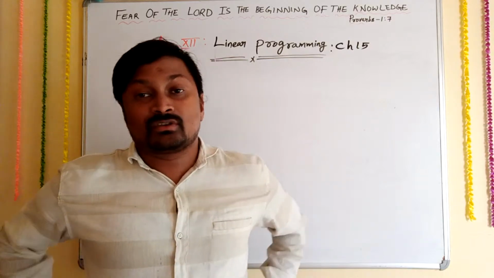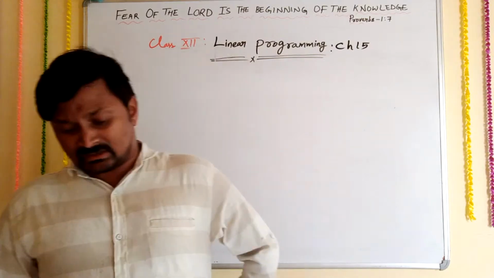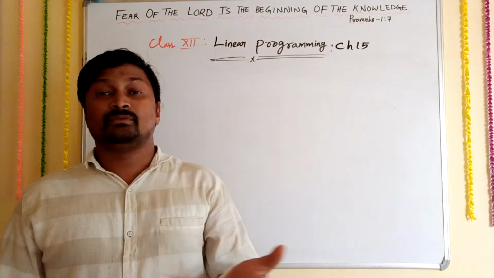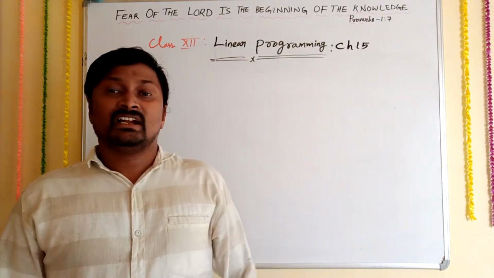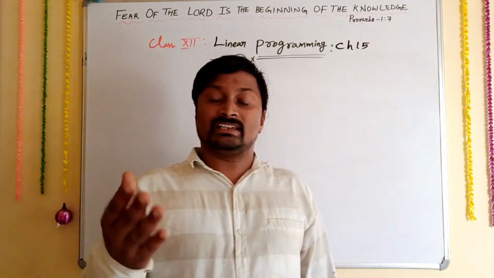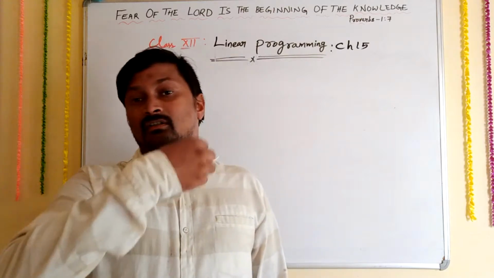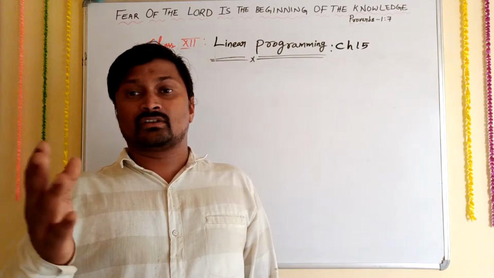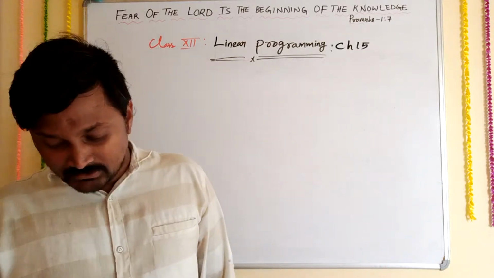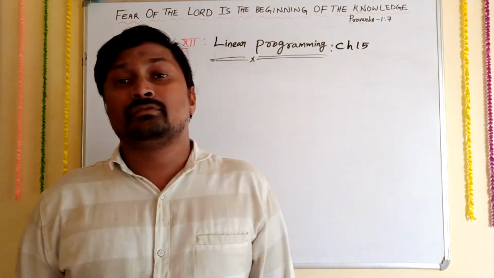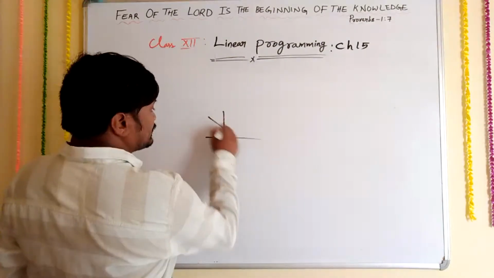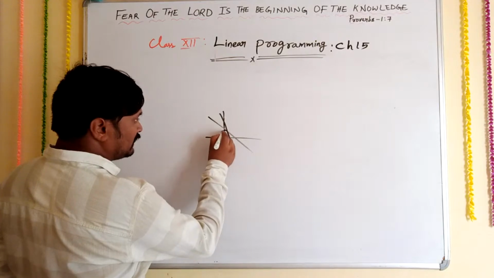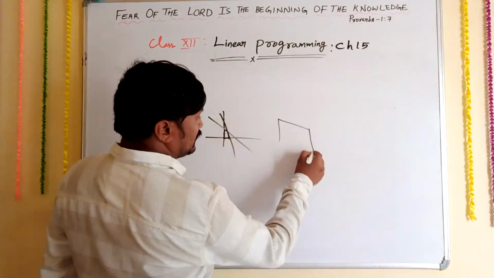We discussed the graphical method to solve linear programming. Yesterday we discussed two graphs, and today I shared all the solutions for exercise 15.1 with you, so go through it. When some lines are drawn, you may get a polygon.